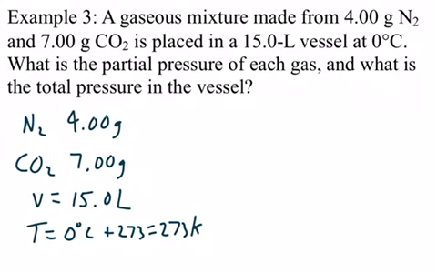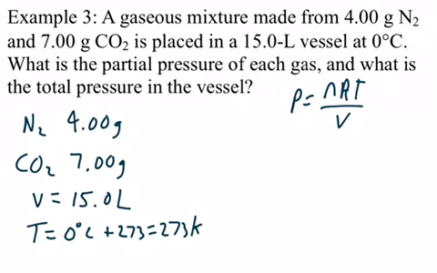But what we've got to do first is change the grams to moles, okay? We're going to need to probably use, and if you recall, one of the ideal gas law formulas is to solve for pressure.